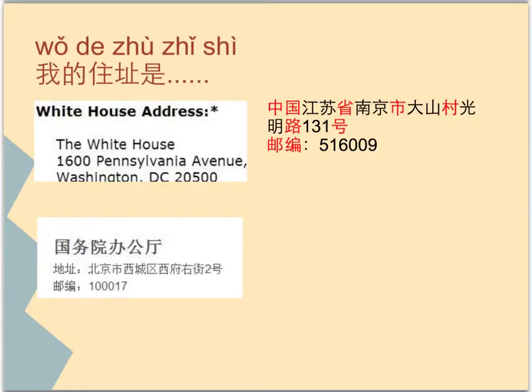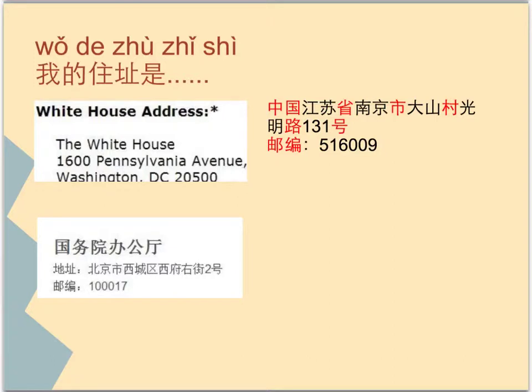The following is a comparison which shows the differences in how Chinese people and American people express an address. Here is the American address. Actually, it's the White House address. You can see here is the place first, the White House, and then the number, and then what street, avenue, or road.